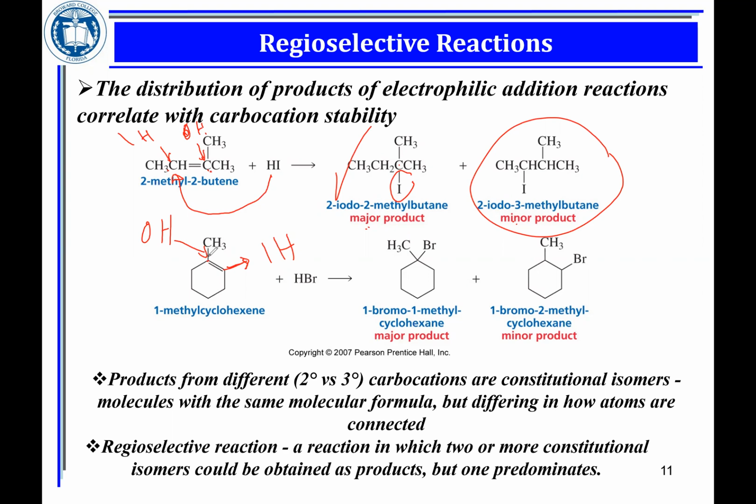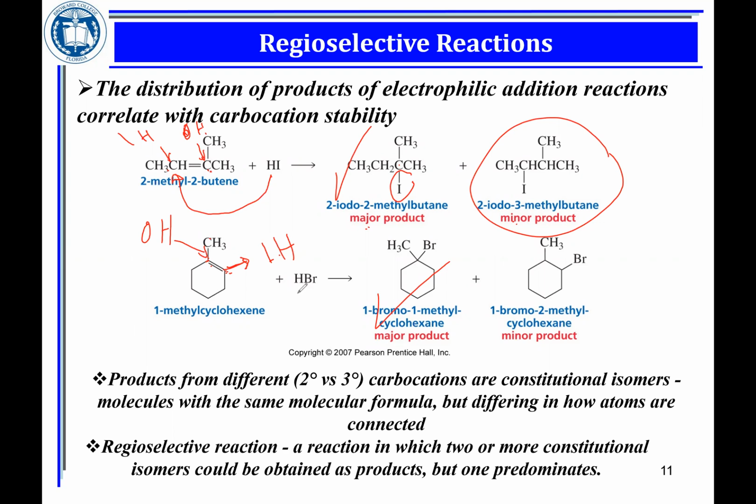For the tertiary carbon that we have here, we already have 4 bonds attached to carbons, so there is 0 hydrogen. So the carbon with more hydrogen is the carbon on the right side, and that's the one that gains the hydrogen, which makes this the major product.